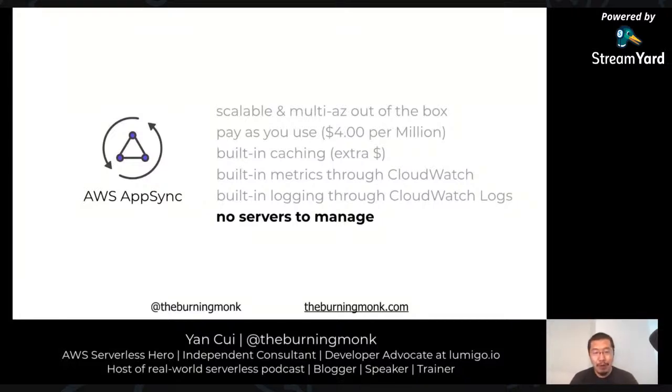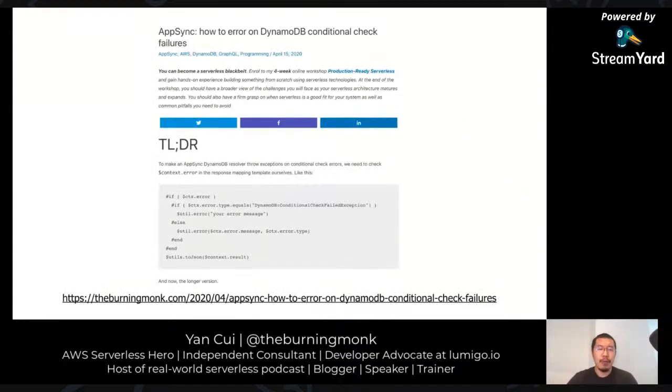So in general, everything has just worked as advertised, but I did run into a couple of very small things, which I've also written about. For example, there was an issue with the documentation around how to handle conditional errors with the DynamoDB resolvers. The documentation was just wrong, but I've raised it with the team, and the AppSync team is looking into changing it.